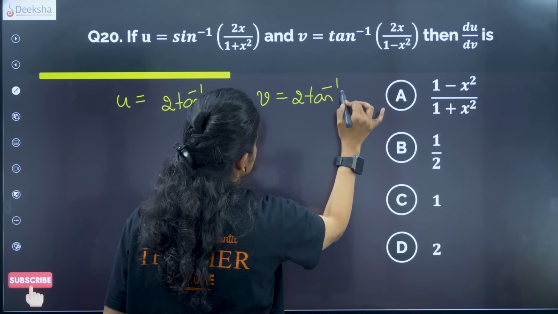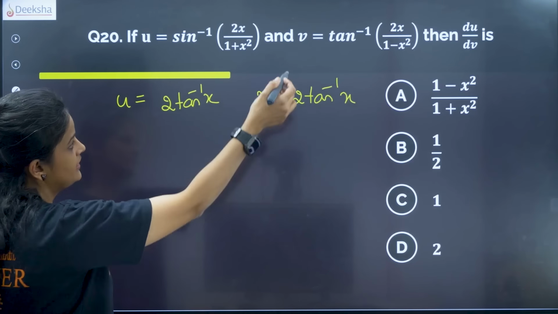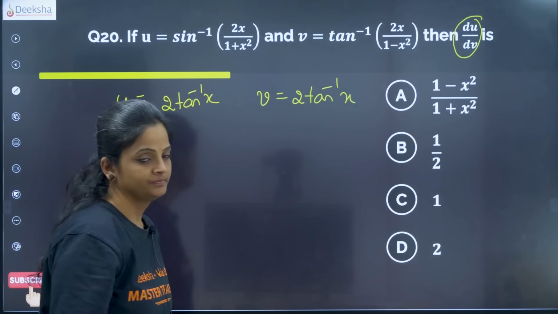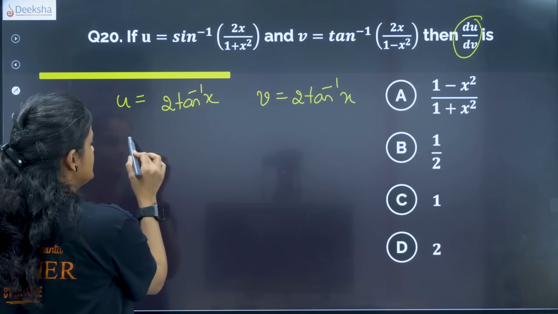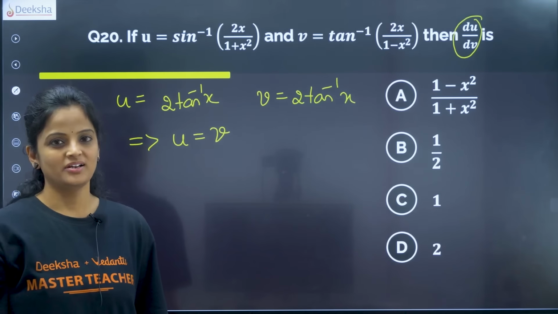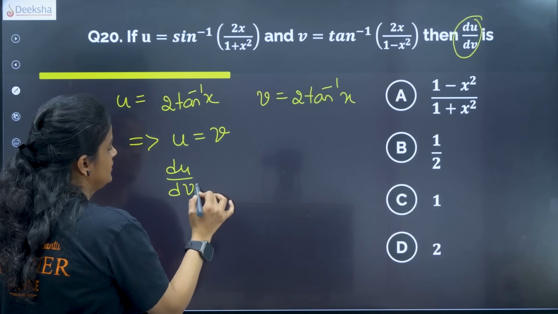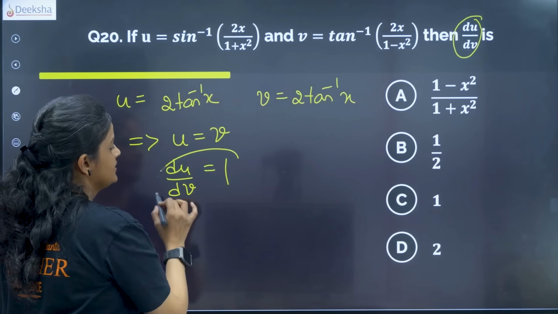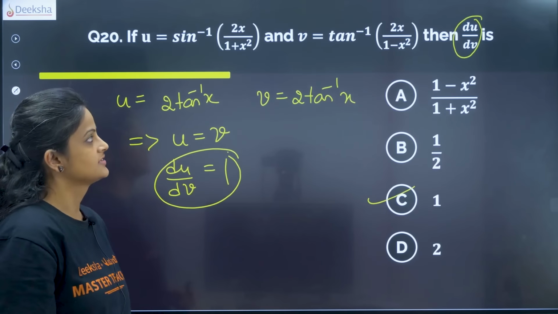So simple, because both are coming the same, and we have to find the value of du by dv. Both are having the same function, that means u and v are equal. If they are equal, du by dv will give you 1. So option C, 1, is the answer.